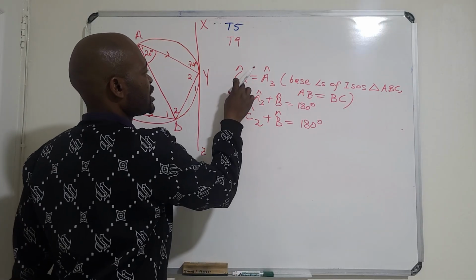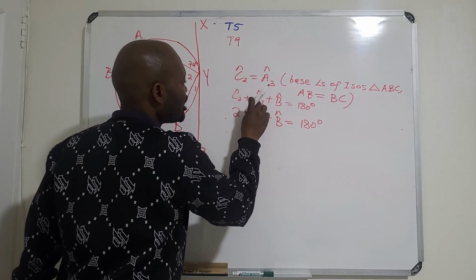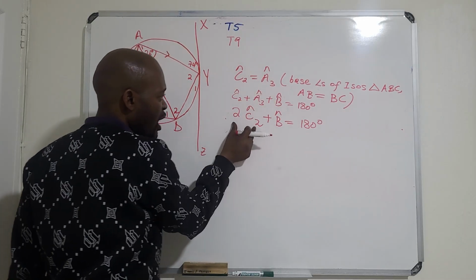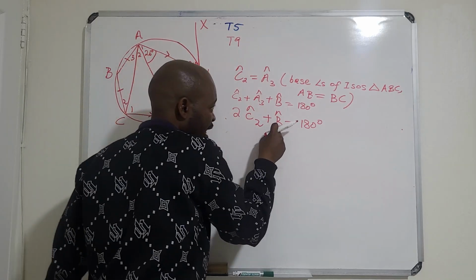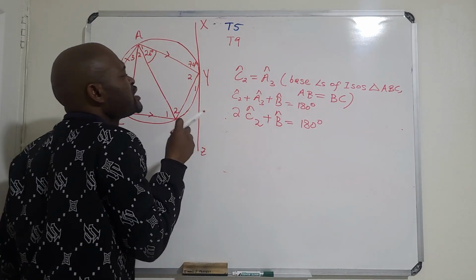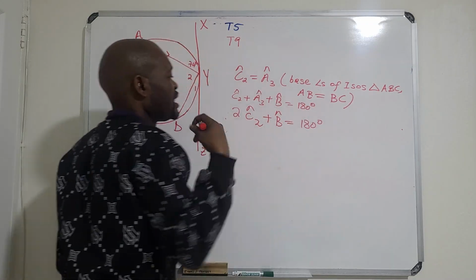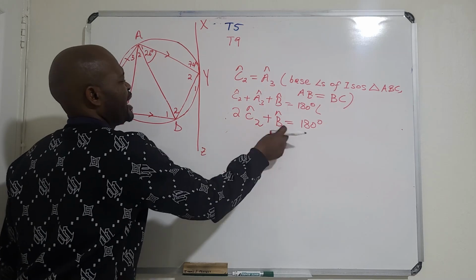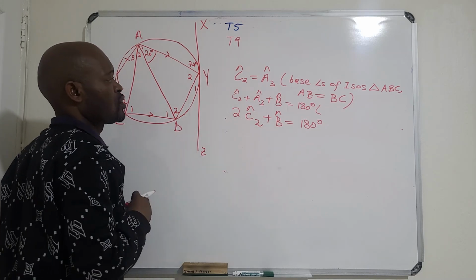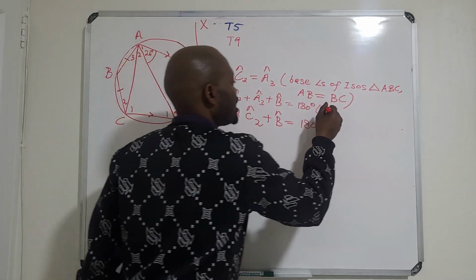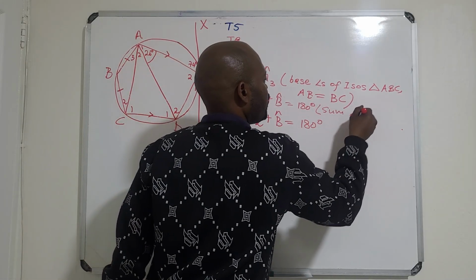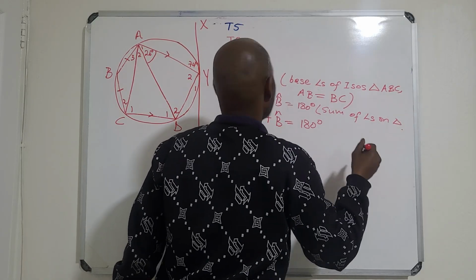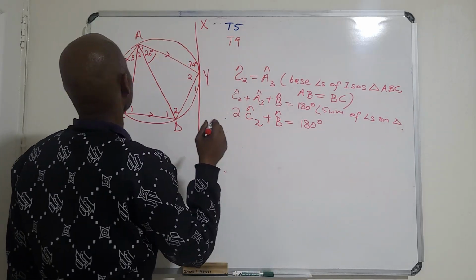Since this is equal to that, I can put C2 here. That is why I get 2C2 plus angle B. But no need for us to do that, though sometimes some of us cannot reach this part. Therefore, you can do this: sum of angles in triangle ABC.